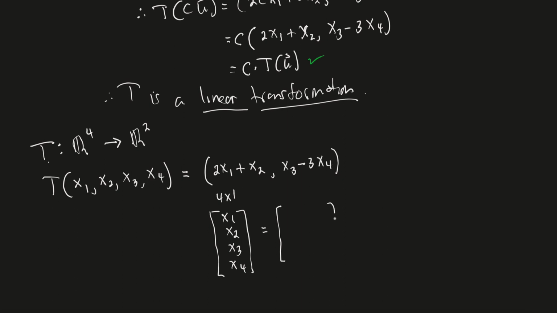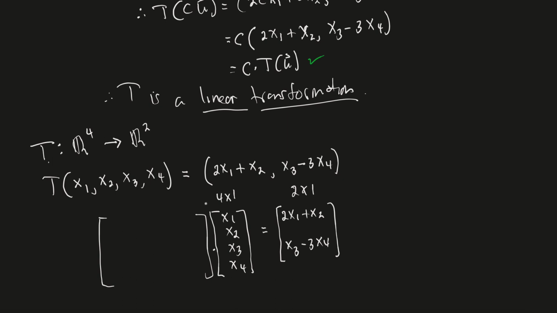And what I want now is this vector in R2 to be represented as a column. So I'm going to write this as 2x1 plus x2, and then I want my second component here to be x3 minus 3x4. So think about what it is I want. I want to find a matrix that when I multiply this particular column, I will get this column, which is a 2x1, right?